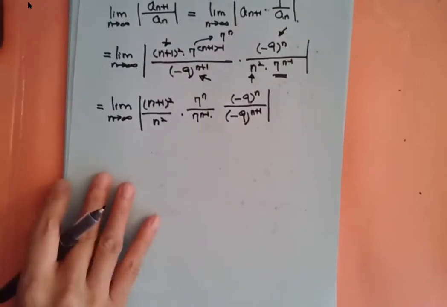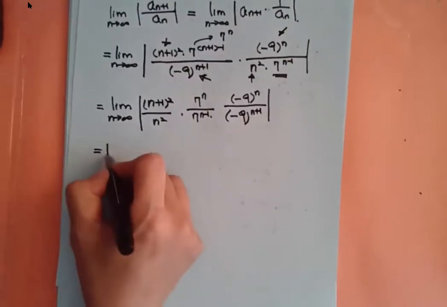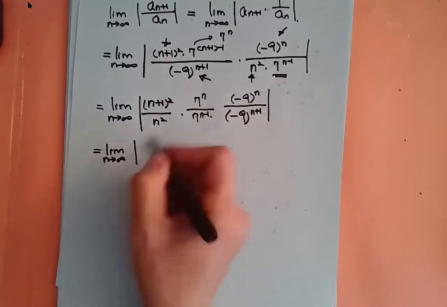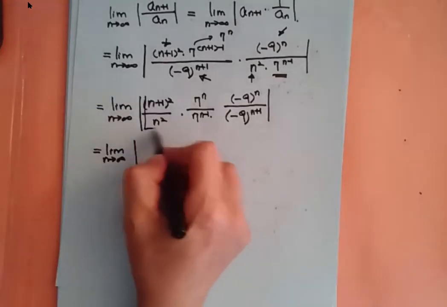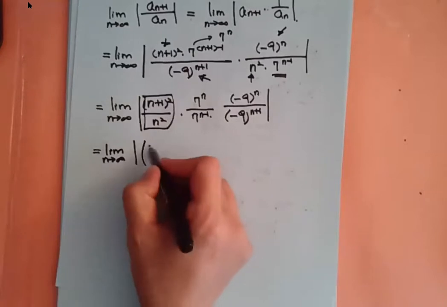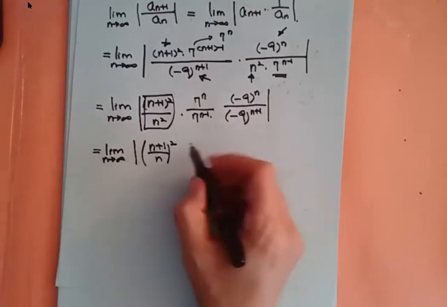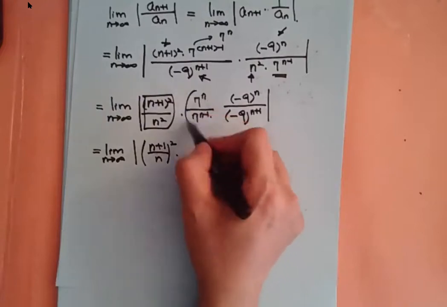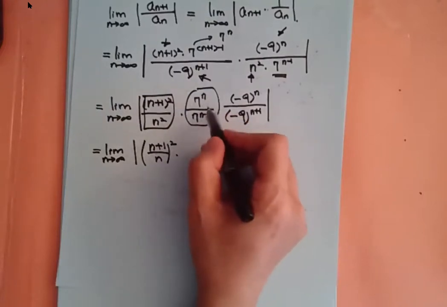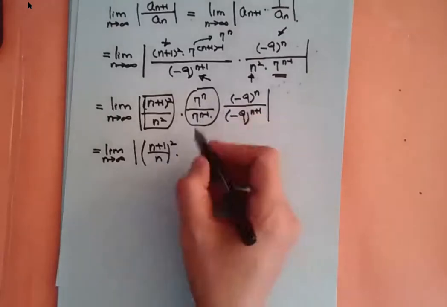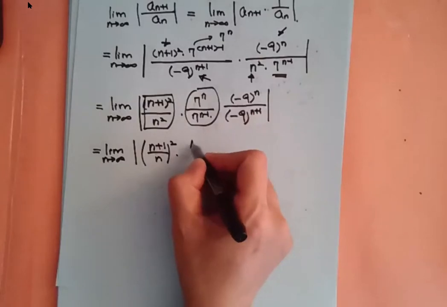So we will simplify a little bit. First, we can combine (n plus 1) over n squared. For the 7s, the difference in power is 1 and the numerator has the higher power, so that becomes 7.